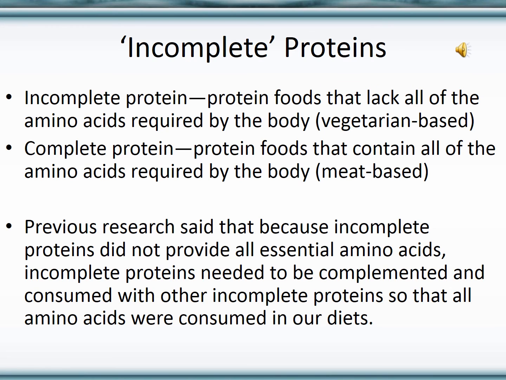This is not true anymore. Eat enough total protein, even if it is just from vegetarian sources, and your body will convert whatever amino acids it does have into the amino acids that it is lacking. So ultimately, incomplete proteins are not so incomplete after all.